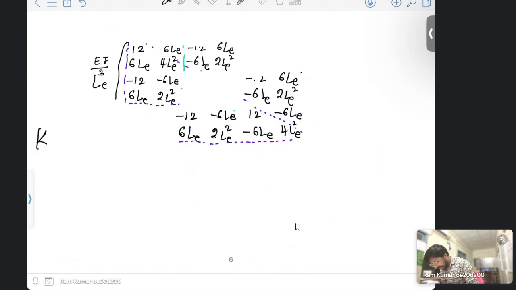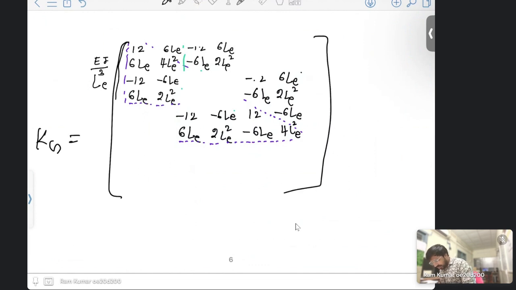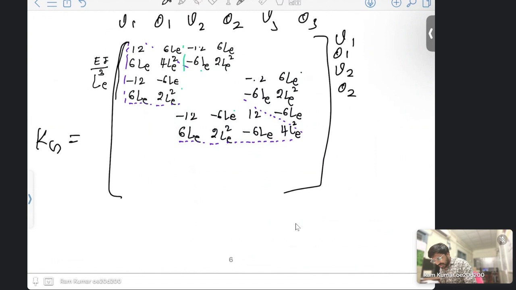So this will be our Kg equal to, it will be like this. So b1 theta 1, b2 theta 2, b3 theta 3. Similarly, b1 theta 1, b2 theta 2, b3 theta 3, and this one like this.